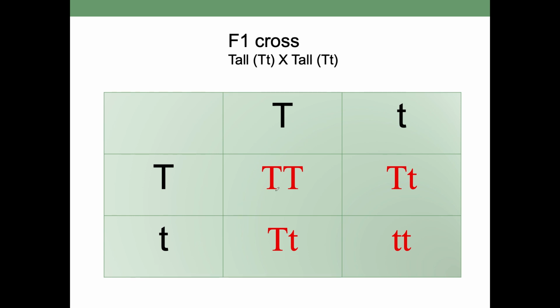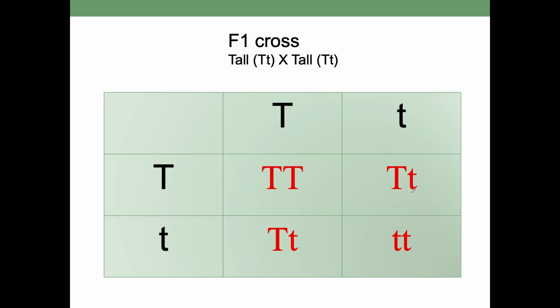We can have big T, big T; big T, little t; big T, little t; and little t, little t. So now we have 3 different genotypes: 2 homozygous genotypes, here's a homozygous, and here's a different homozygous genotype, and 2 of the same heterozygous genotypes.